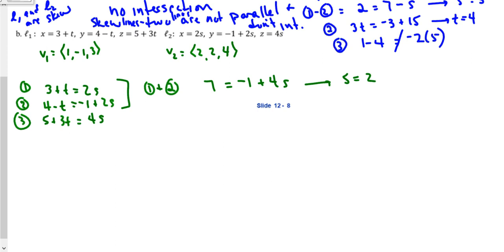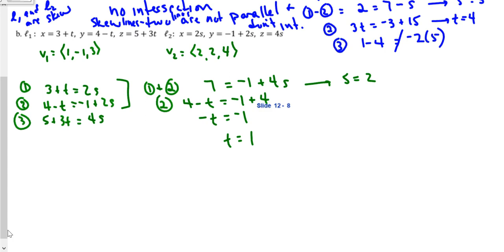Plugging 2 into the second equation, I have 4 minus t equals negative 1 plus 4. So negative t would equal negative 1, so t would have to equal 1. Now checking equation 1, t equal 1, s equal 2, I get 4 equals 4. Equation 2, I get 3 equals 3.